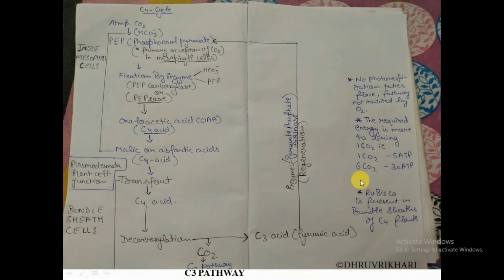So the formation of a glucose molecule in the C4 pathway requires 30 ATP, which is much more than the C3 cycle. The energy required is more in C4 plants. The third very important point is that Rubisco is present in the bundle sheath of C4 plants.